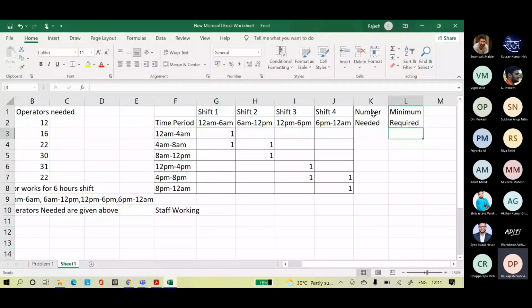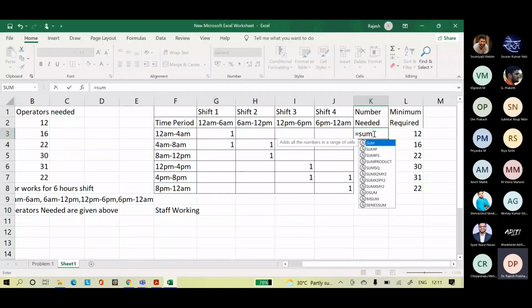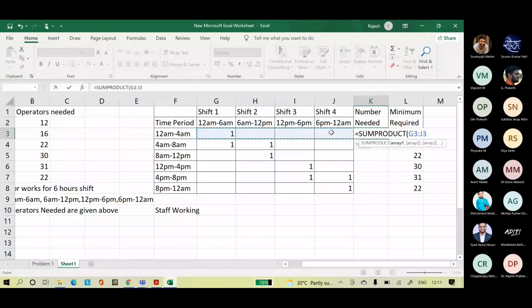So minimum required: 12, 16, 22, 30, 31 and 22. Right? This is the minimum required. Number, sum product, comma, staff working. This we have to fix.